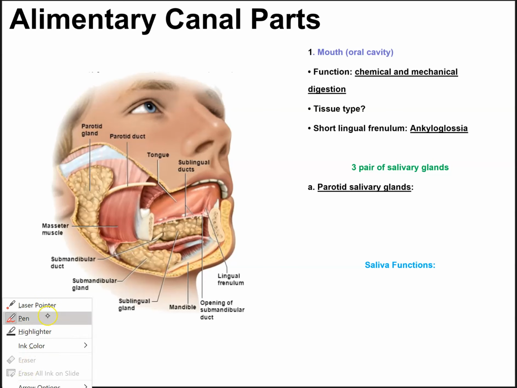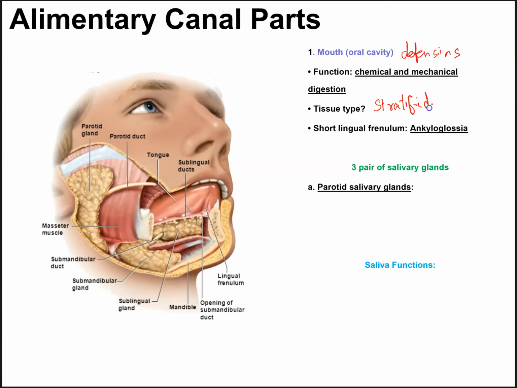Defensins are bactericidal molecules. So you have layers of non-keratinized stratified squamous epithelium because every time we eat something hard or sharp, a part of the tissue gets scuffed off and then we have a fresh layer of cells.